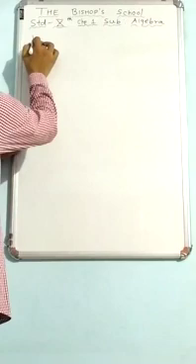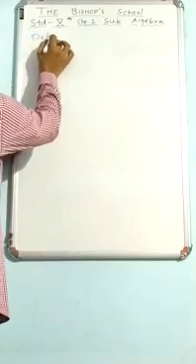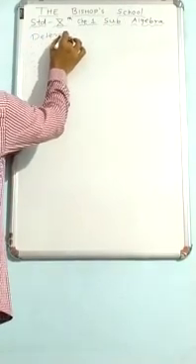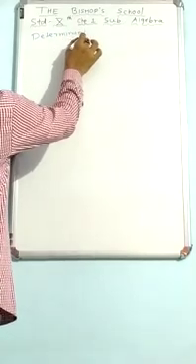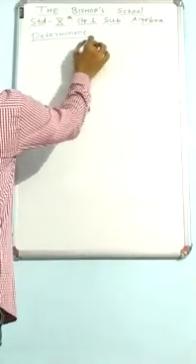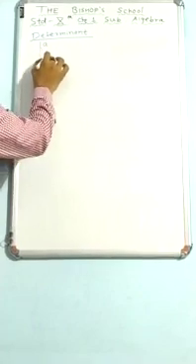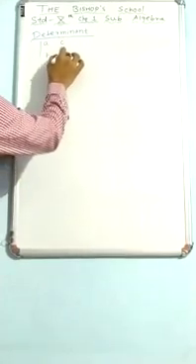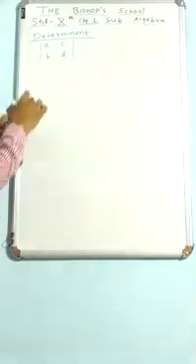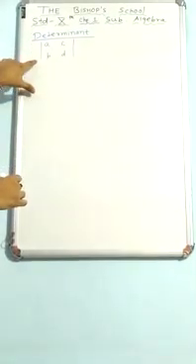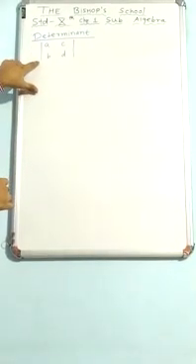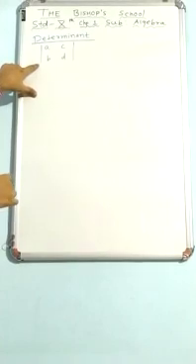Determinant. See, I am writing it: A, B, C and D. This symbol, which is a modulus sign, is called a determinant.